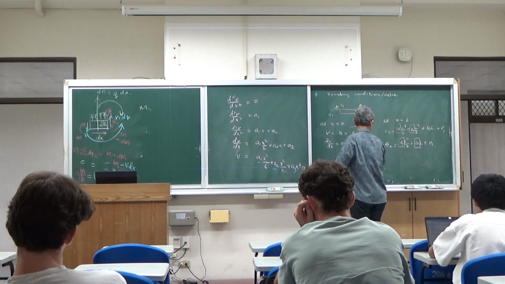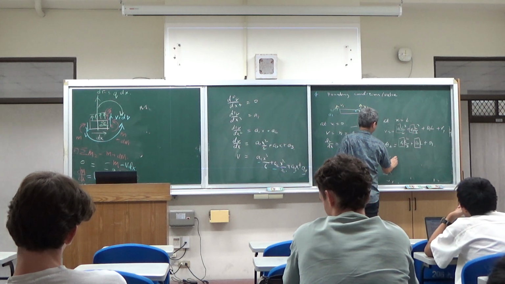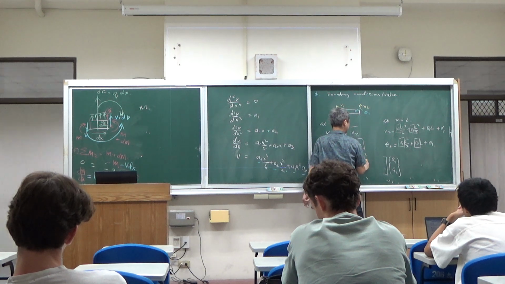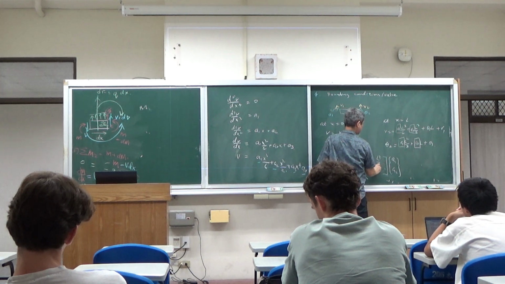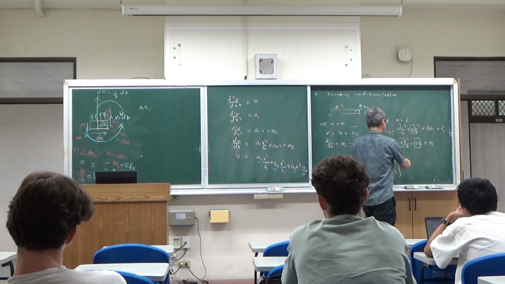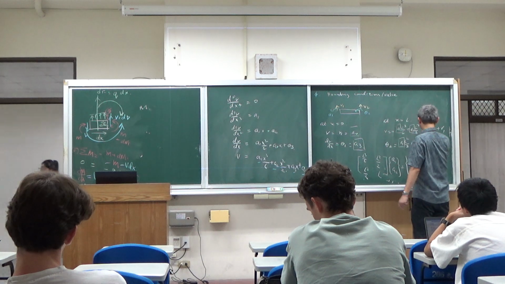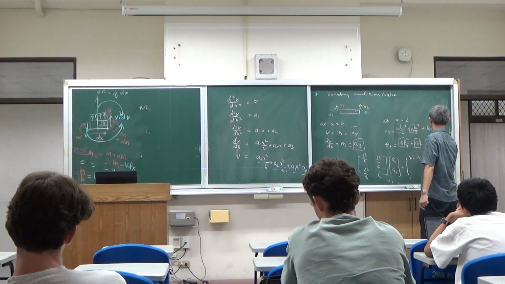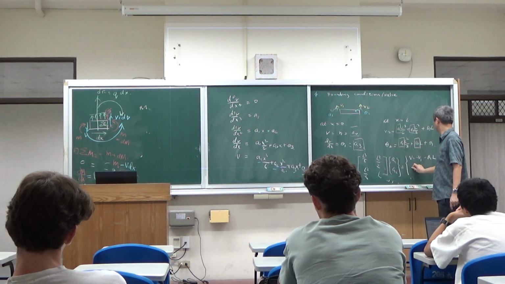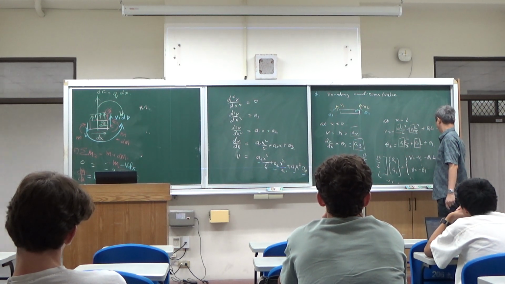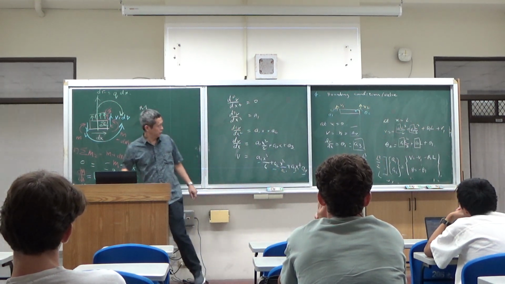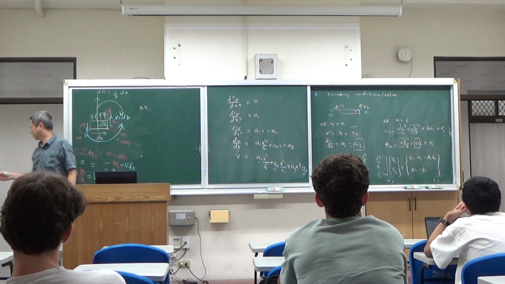Then you can write the unknowns A1, A2: L cubed over 6, L cubed over 2, L squared over 2, and then L. On the right hand side, we have B2 minus B1 minus theta 1 L, and then your second row is theta 2 minus theta 1. In this way, you'll be able to solve for your unknown coefficients A1 and A2.